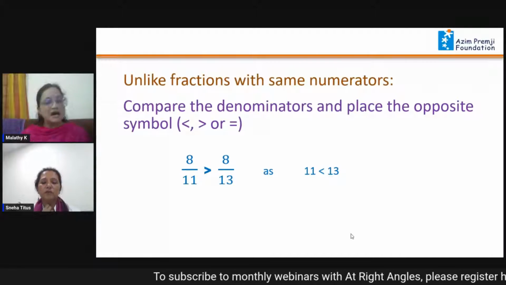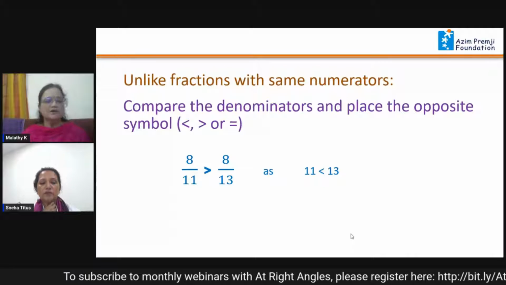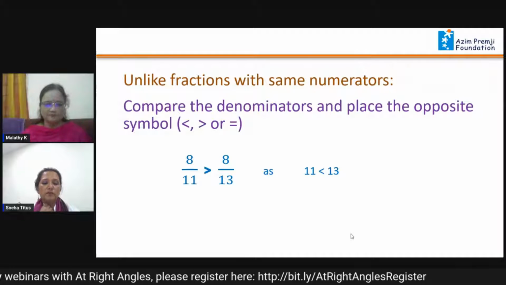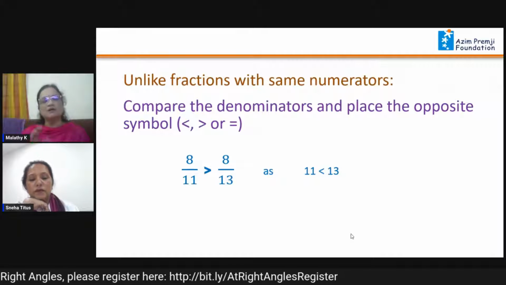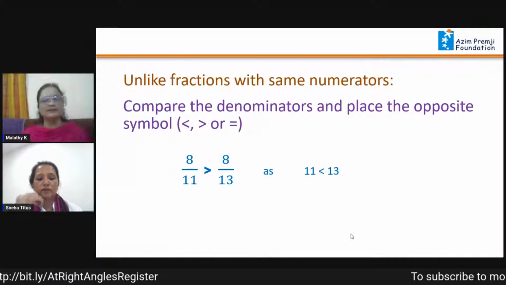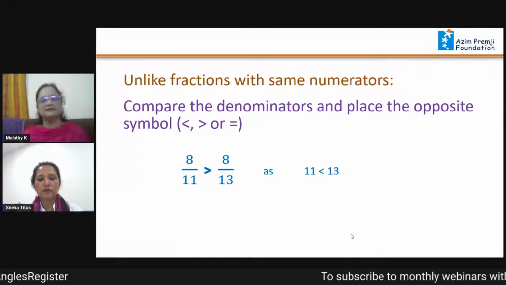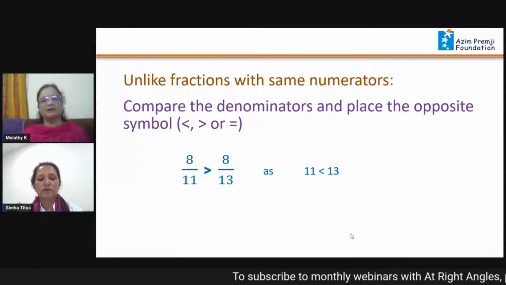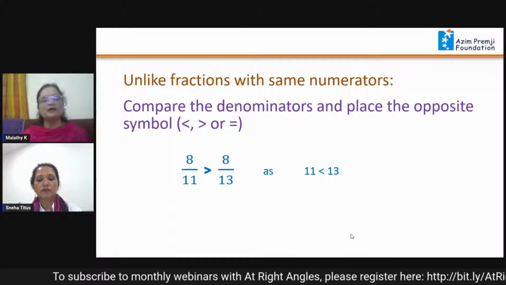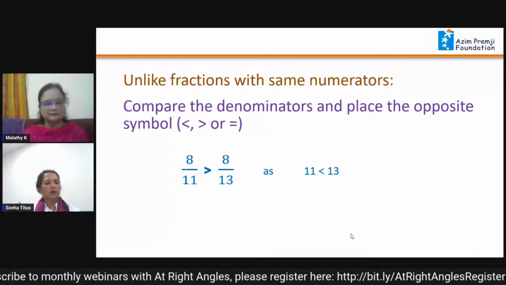So we get the answer there as the quotient, so they will easily identify which number is more. With that concept, I implement it for proper fractions, and they were able to identify that since 11 is less than 13, 8 by 11 will become more than 8 by 13.